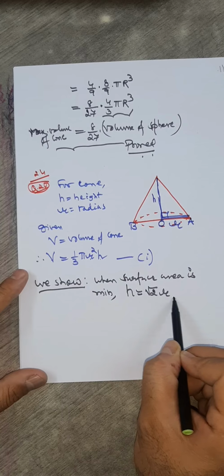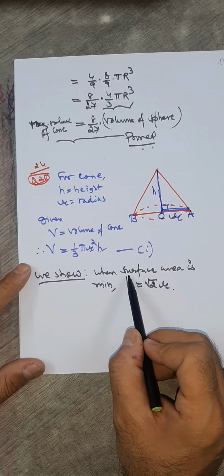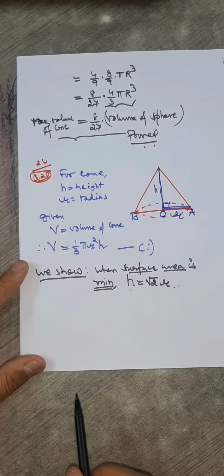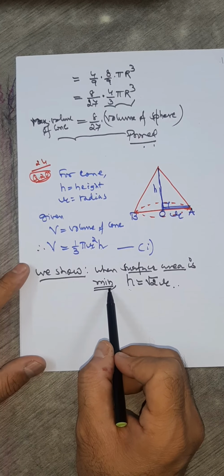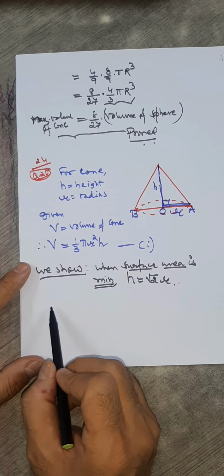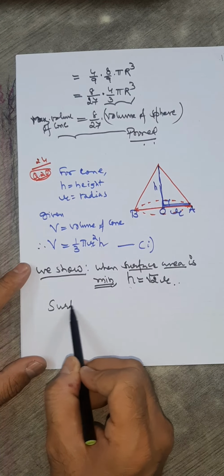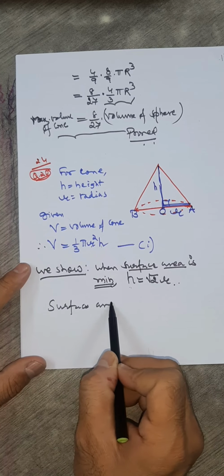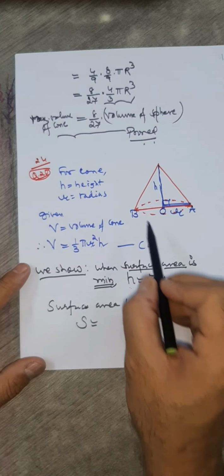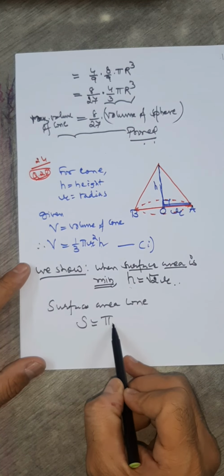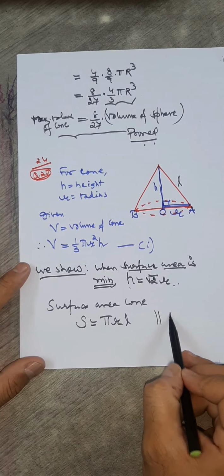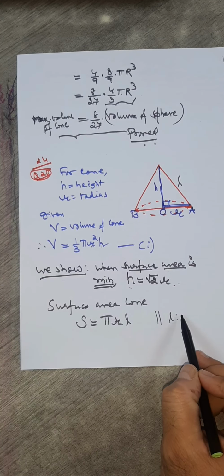So this is what we keep in our mind. Which function do you want to minimize? The surface area, and in surface area we'll use this because V is given. So the surface area of this cone equals pi r l. Where l, you know very well, is the slant height.